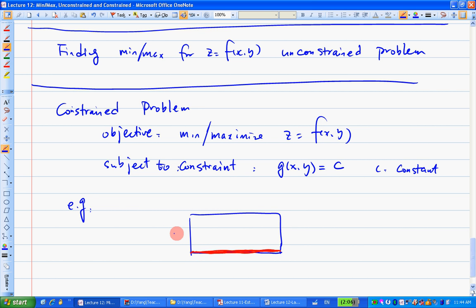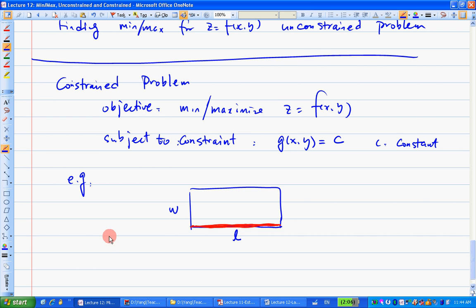This side is W, this side is L. So the way you want to design this, the area is 120 square meters. Let's say not a wall, let's say a fence. You're going to use wires to build this fence, so the fence area is always 120 square meters.